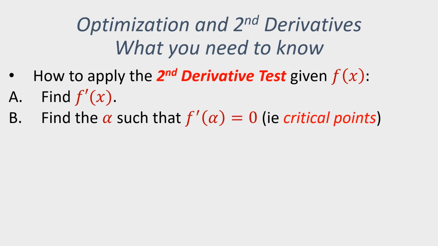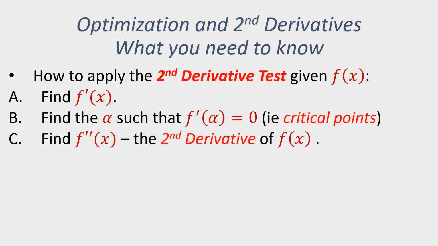You then identify all those cases where the first derivative takes the value 0. In other words, you identify all of the critical points of the function. You then find the second derivative of our function. In order to do that, all you do is differentiate the first derivative.